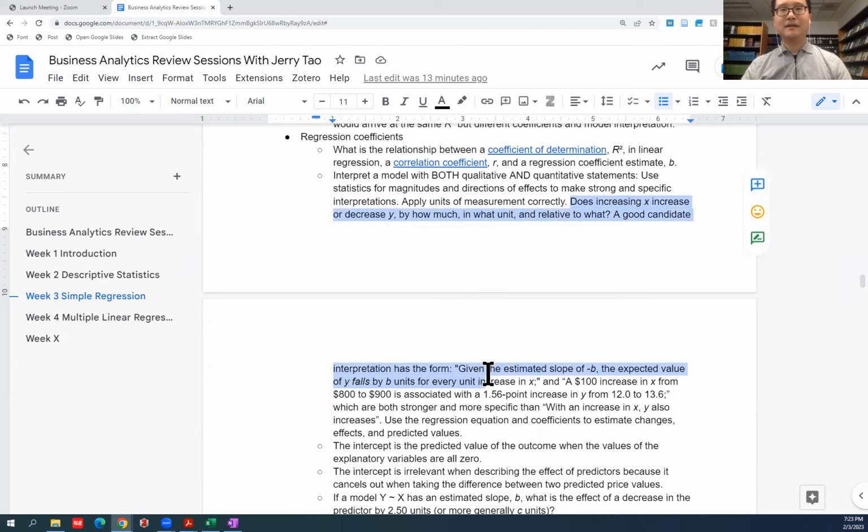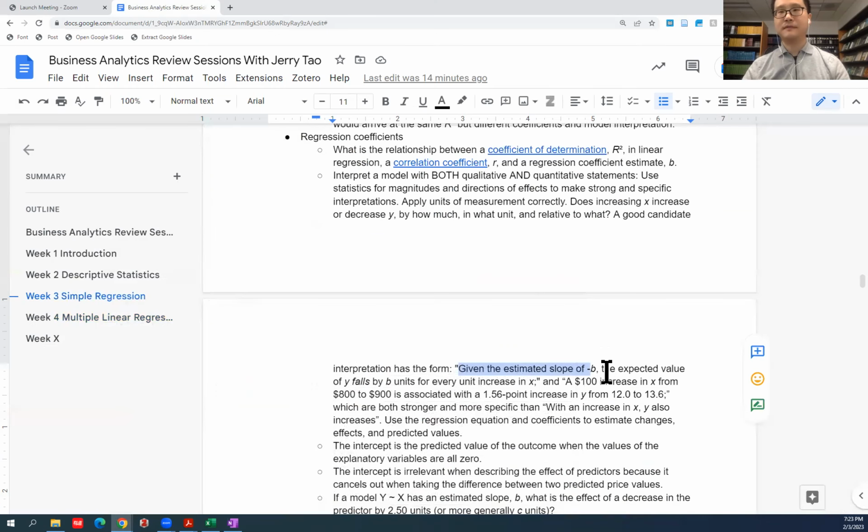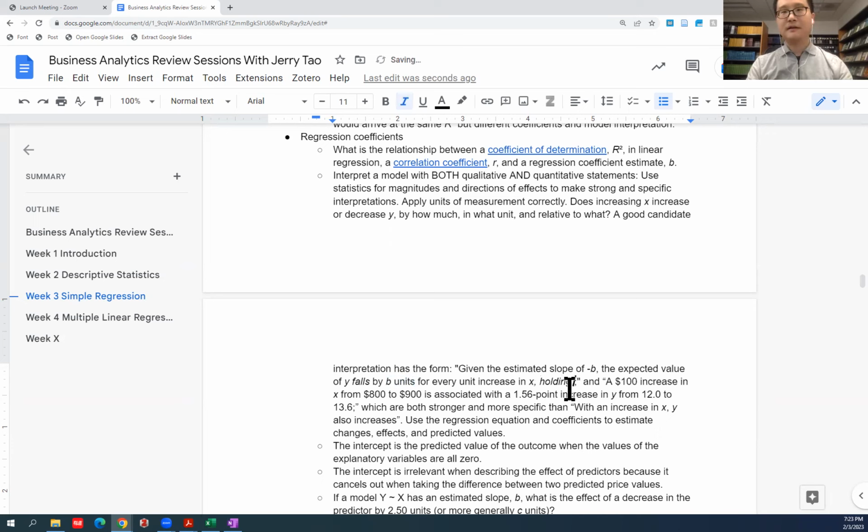Some good template we can follow is like this. Given the estimated slope of, let's say, negative 6,000 for the number of years, or the age of house, the expected value of house price falls by $6,000 for every 1 year increase in house age, holding everything else constant.